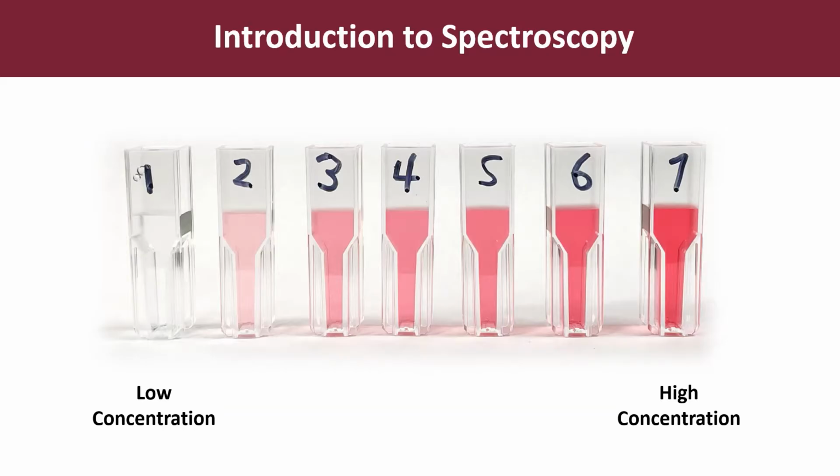So as the concentration increases, you can see the color gets darker. Now you can sort of eyeball this, and it gives you an idea of what concentration is there. But if I were to look just using my eyes and try to decide what the difference between, let's say, number 4 and 5 is, I wouldn't be able to tell you very quantitatively. So spectroscopy is a method for measuring this quantitatively.